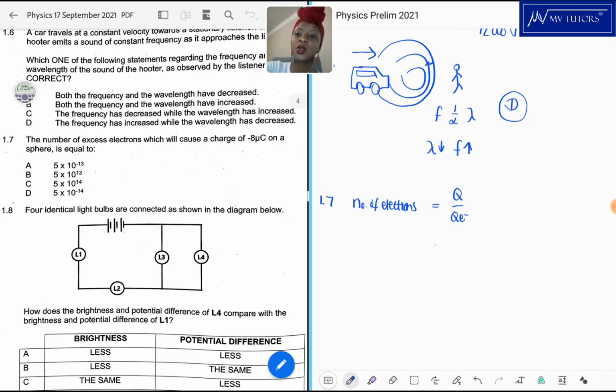They told us the charge of that sphere, which is -8 micro, and we know micro is times 10 to the power -6.